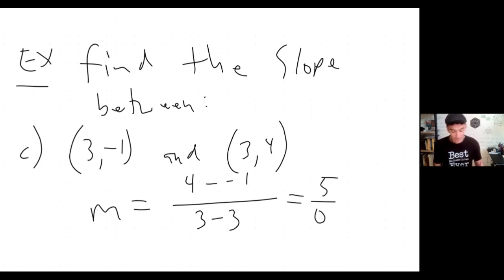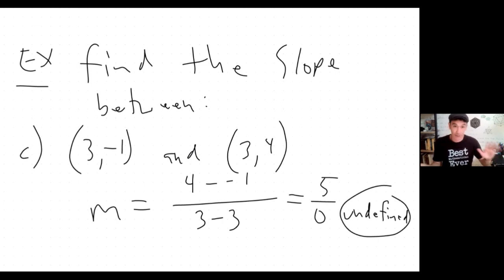If the 0 is in the bottom, we would say undefined. If the 0 is in the top, like 0 over 3, 0 over -8, that's 0. But if it's in the bottom, we say undefined. So that's how you find the slope. You totally need that skill as we move on with this lesson.